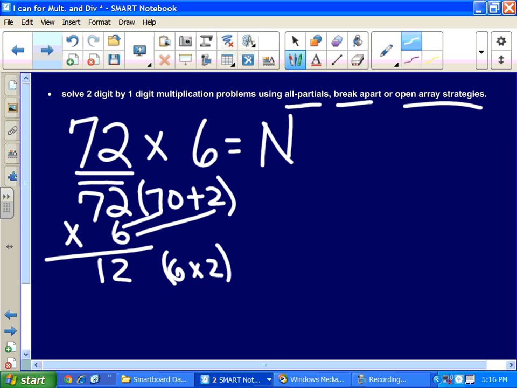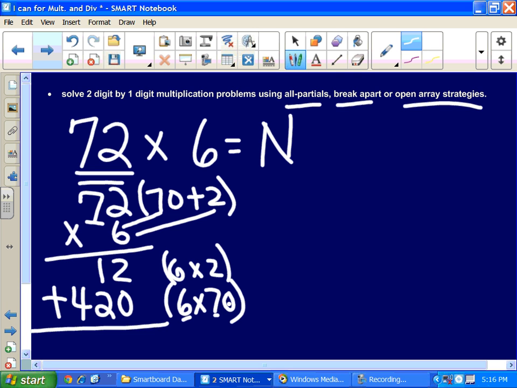And then we have 6 groups of 70, not 7. That's 6 groups of 70 because the 7 is in the tens place. So then we have 6 groups of 70. 6 times 7 is 42 and a 0. So make sure we write the numbers down correctly. So I have multiplied all my groups there in each part of my group. And then these are my partial products here and here. So I add these to get my total.